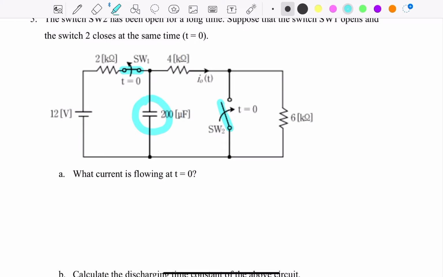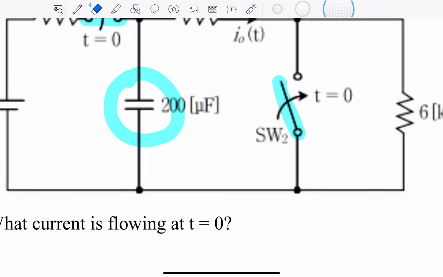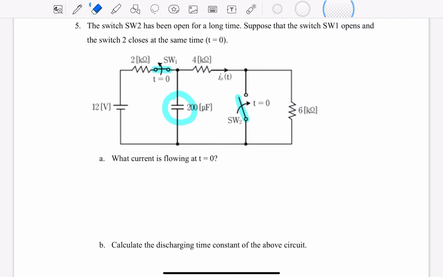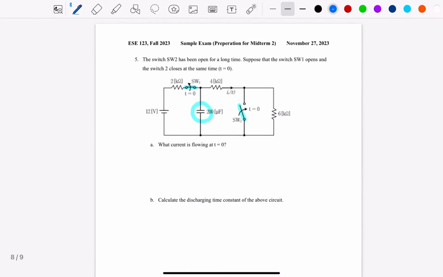You can just think there are no connections over here. Because of the charging process of the capacitor, the current cannot flow over here. So it is exactly an open circuit. You should remember and understand it like this.